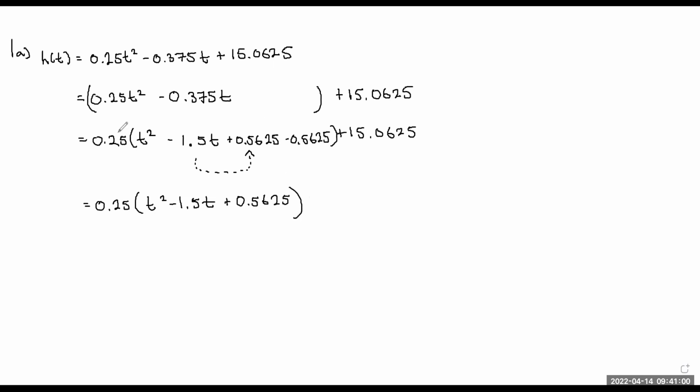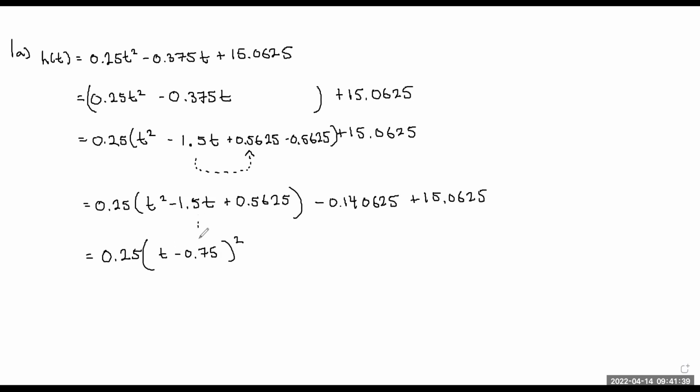But when I do so, it will be multiplied by the a value because everything inside the bracket is multiplied by the a value. I get myself negative 0.140625 plus 15.0625. And that gives me, I'm going to factor this now into a perfect square. This is negative 0.75.